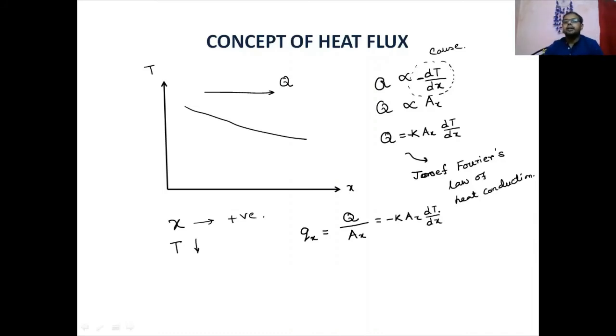All the cases we are talking about are one-dimensional cases. So heat flux is nothing but the heat transfer per unit area normal to the direction of the heat flow. The area normal to the heat flow is a vector quantity.